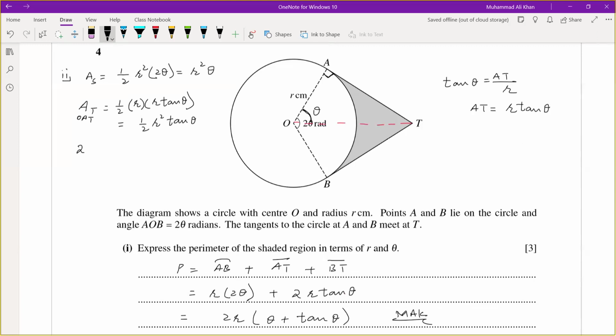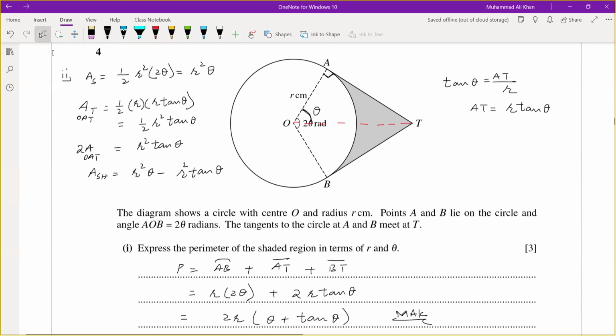And twice triangle OAT area will give us the complete area. So it will be r squared tan theta. Therefore, area of shaded portion is equal to area of sector, r squared theta, minus r squared tan theta. This is the area of shaded portion.